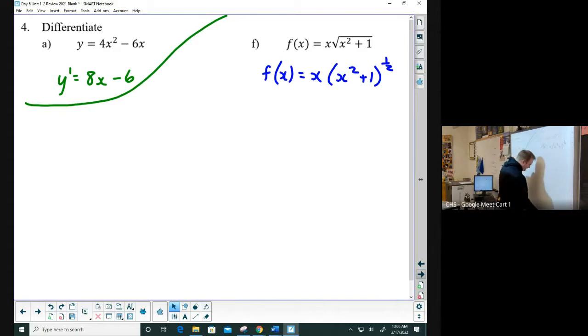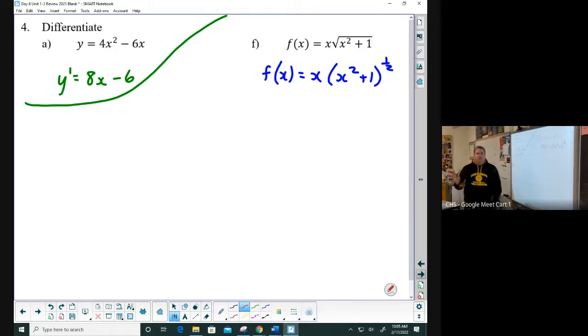But before I get to that, I have to slow down. And this was an example of one that we had yesterday where people were trying to bring the 1/2 and multiplying it by x. Just by hearing that you're multiplying by x, you should recognize that x is a function, not a coefficient. If this was a 7, sure, bring it down and multiply by 7, but you can't multiply by x.